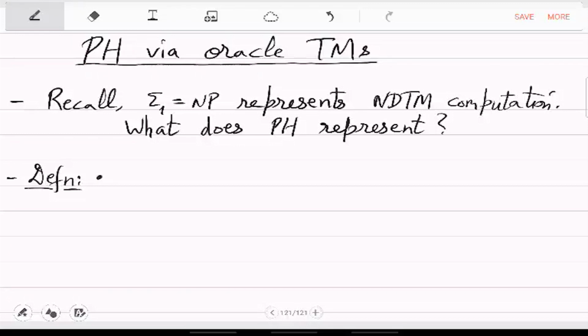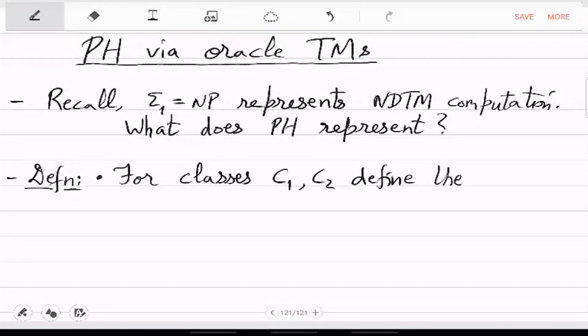So for complexity classes C1, C2, define the class C1 with oracle C2, to mean what the notation suggests: assume that problems in C2 are solved immediately, and assuming that, what can you solve by algorithms for C1?